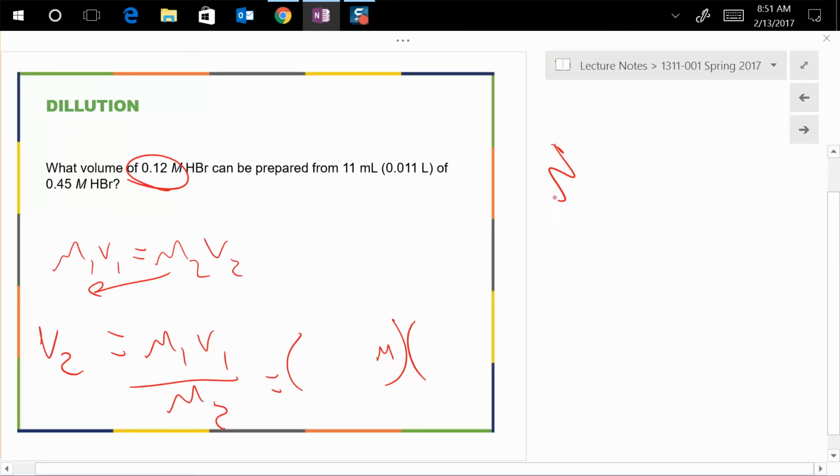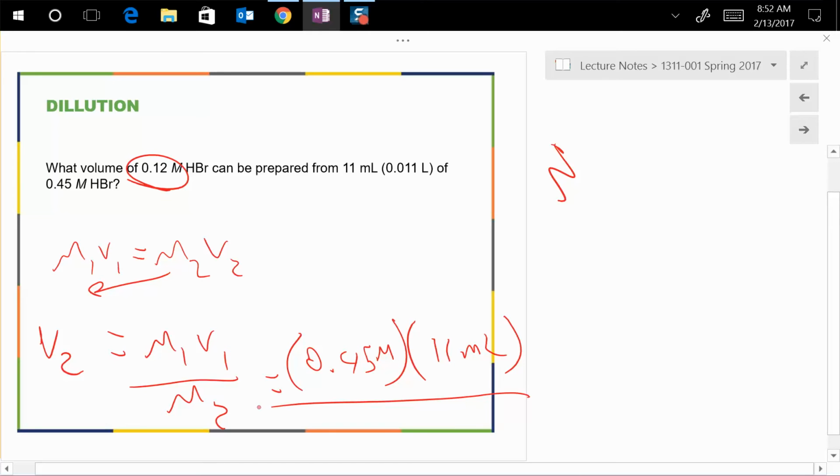Okay, so 0.45 molar. And it's 11 milliliters, or you could say 0.011 liters. Depending on if I put it in milliliters here, my answer will be in milliliters. If I put it in liters here, my answer will be in liters. So it just depends on what you want your answer to be. Okay, so we'll go ahead and put it in milliliters.